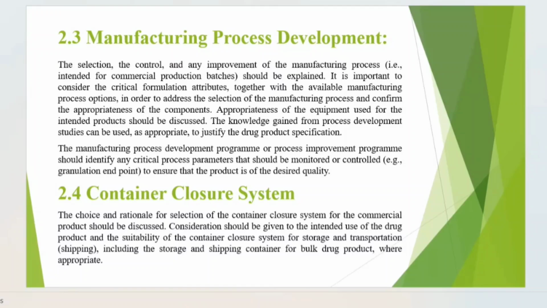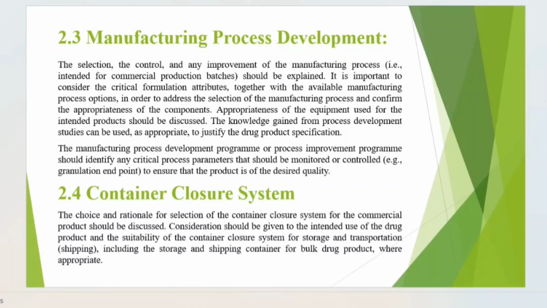The manufacturing process development program or process improvement program should identify any critical process parameters that should be monitored or controlled to ensure that the product is of desired quality. So here we have to identify the critical process parameters.